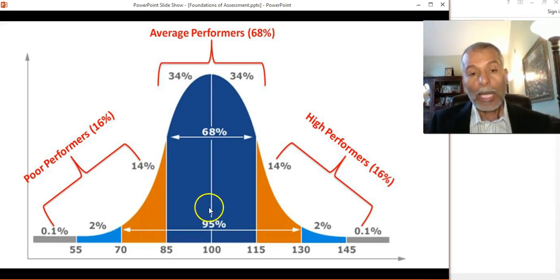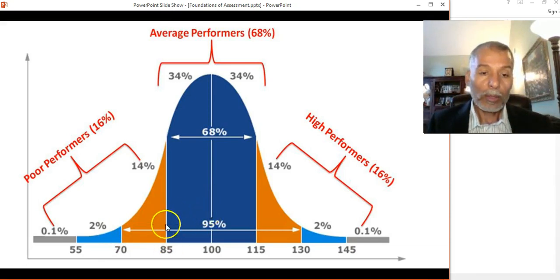So we do the same in language. Someone might perform, say, here at 100, and we will say, oh, average roughly. But if they go to 85, I simply say borderline, because that is the very low end of average. That is the beginning of below average.